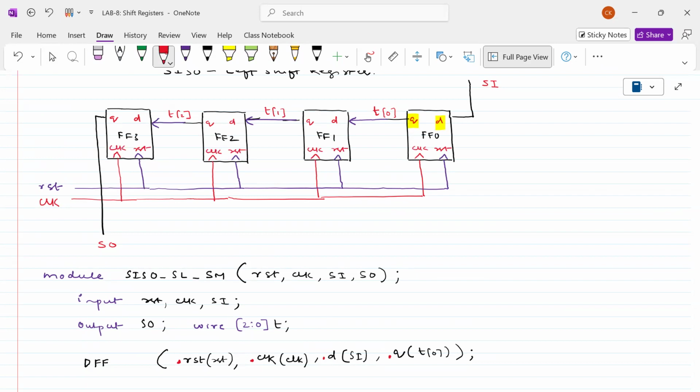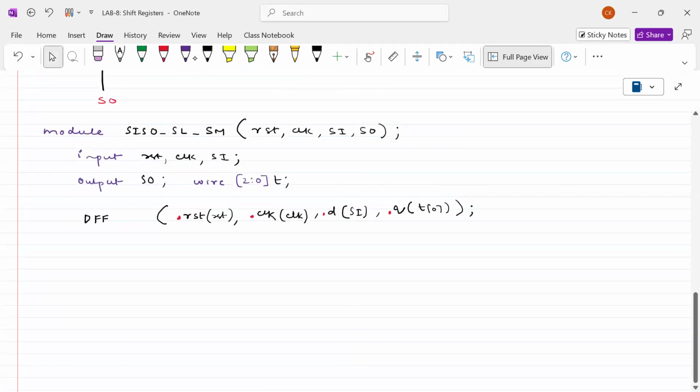Clock. So if you observe this, the D of this one is connected to serial in data. The Q of this one is connected to this one, and this is also connected to this one. That means the defined D flip-flop variables are mapped to the 4-bit register variables. That's what is done.